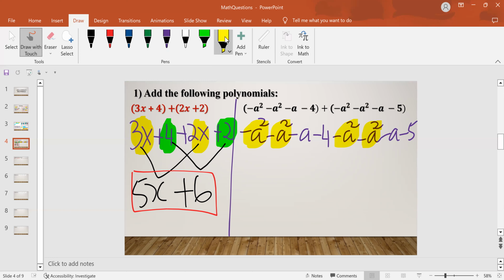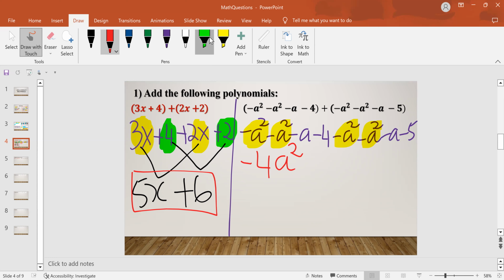Everything I highlight here has the same sign, negative. So I will add the 4a squared, and I keep the negative sign because all of these have that same sign. So we have negative 4a squared.